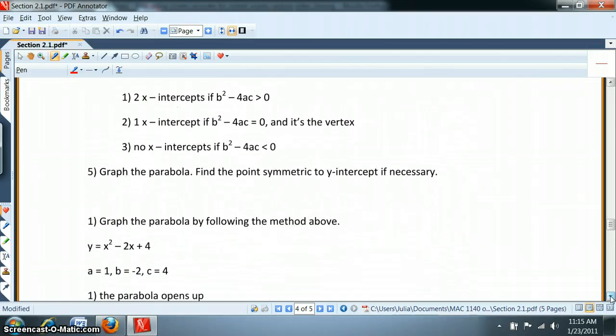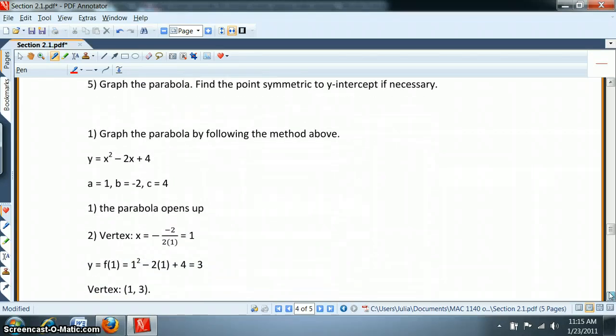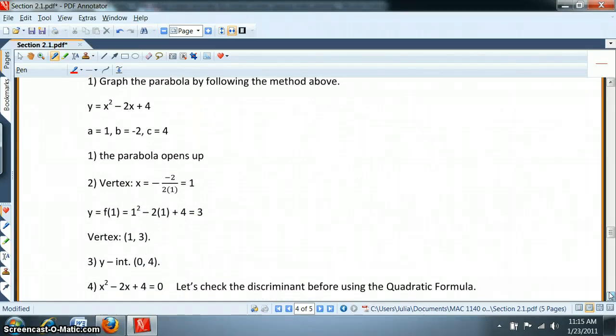So let's take a look. And the symmetry sometimes is helpful, particularly if you don't have x-intercepts. Then it helps to find another point to be able to graph. So here's a little example: y equals x squared minus 2x plus 4. So a is 1, b equals negative 2, c equals 4.